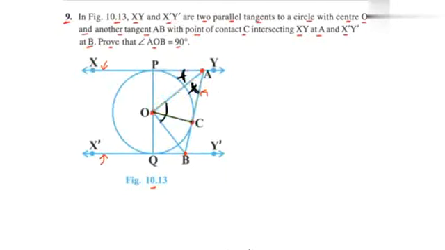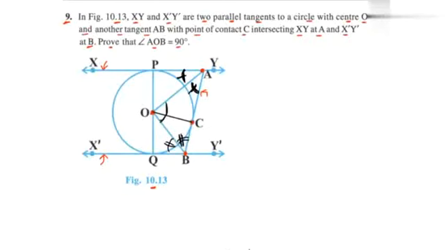Similarly, it's easy to show that the triangle OBQ is congruent to triangle OBC, and therefore the angle QBO is equal to angle CBO, which is this angle here, right?